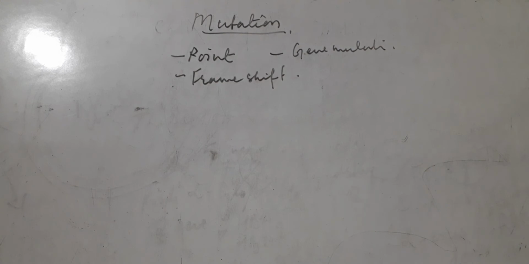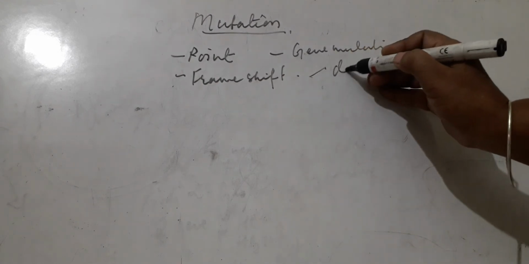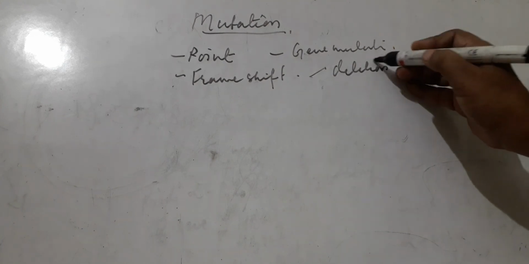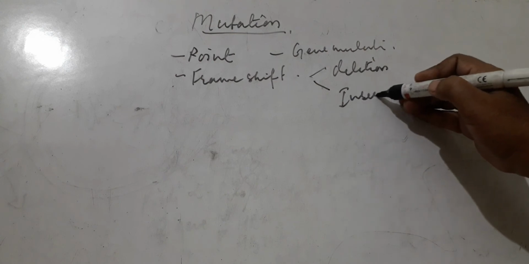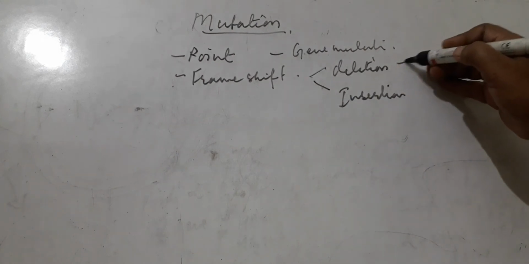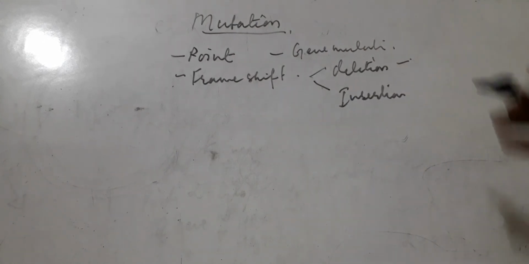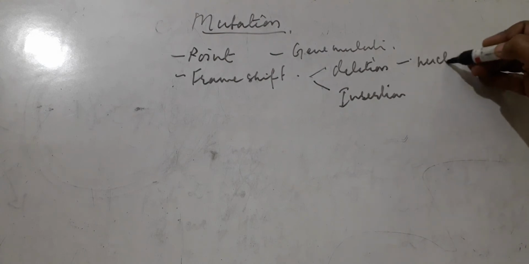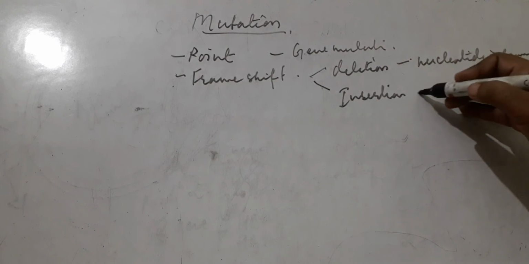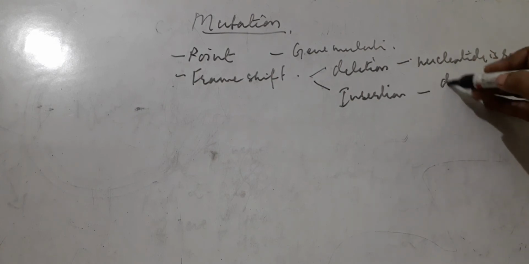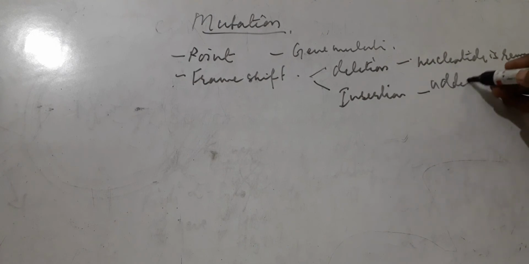So there are two types: deletion and insertion. Deletion is when one nucleotide is removed, and in insertion one is added, causing the change.